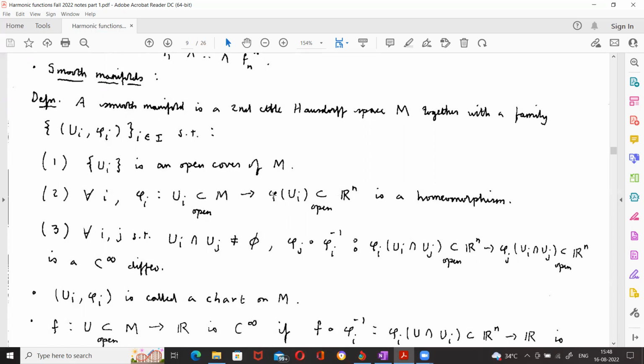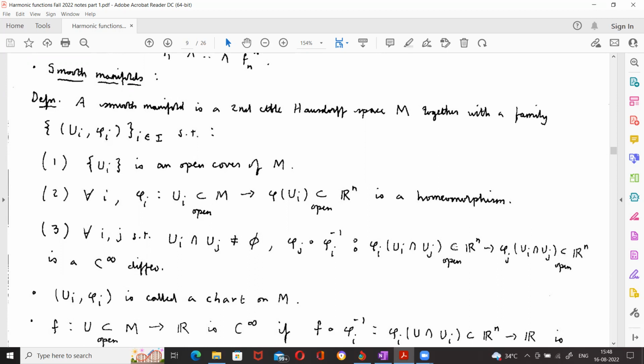These phi i's are called charts, and what we want is that what's called the change of charts should be a smooth map. If two of these charts intersect, Ui intersect Uj, then I can look at phi j composed with phi i inverse. This goes from phi i of Ui intersect Uj, an open subset in Rn, to phi j of Ui intersect Uj, also an open subset of Rn.